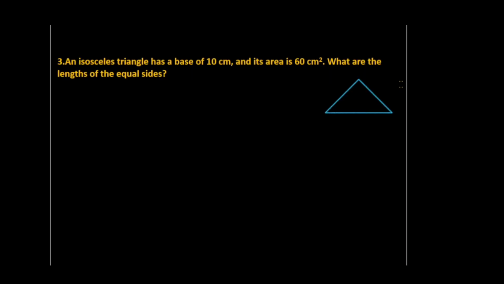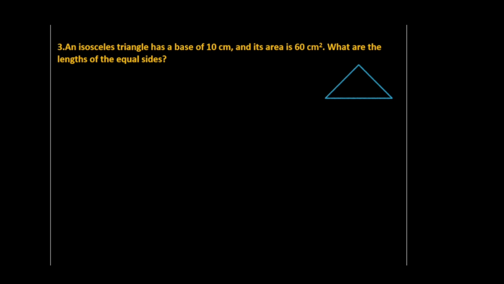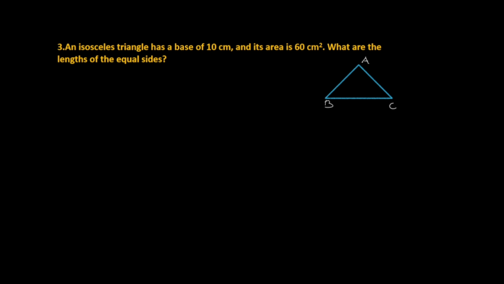Third question. An isosceles triangle has base 10 centimeter and its area 60 centimeters squared. What are the length of the equal sides? So here let's take a triangle A, B, C. The base is 10 centimeter, given.